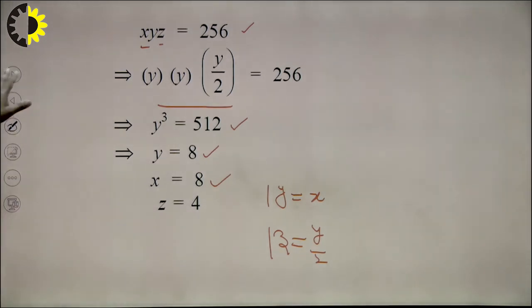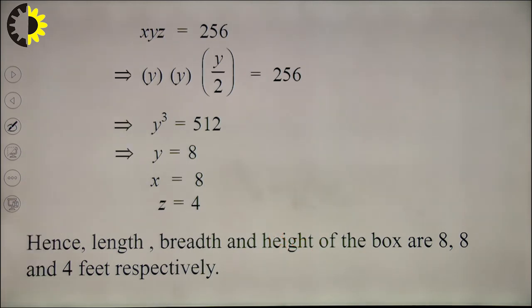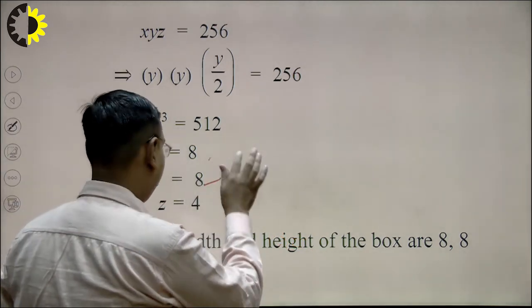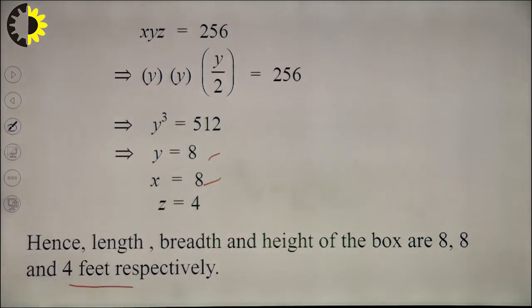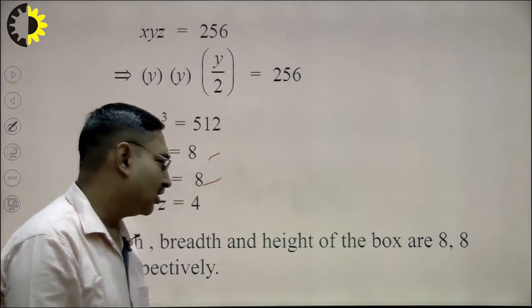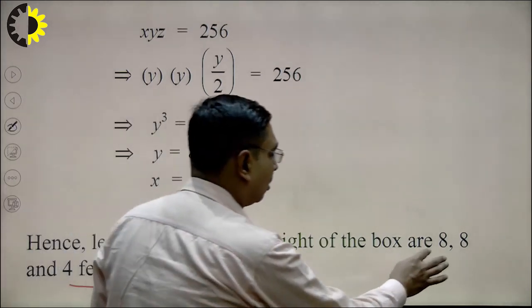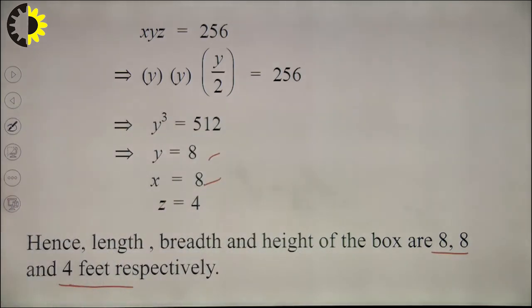Thus, the dimensions of the box, that is length, breadth and height of the box, are 8, 8 and 4 feet respectively. Now, we shall apply the argument to justify that these values of x, y and z give us least surface area.